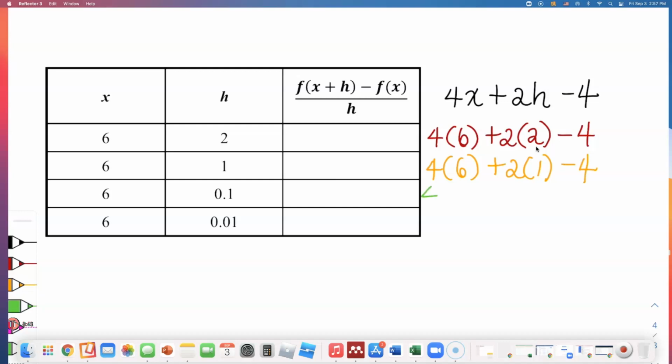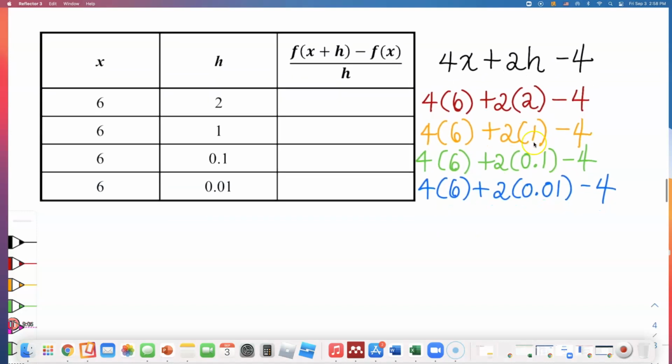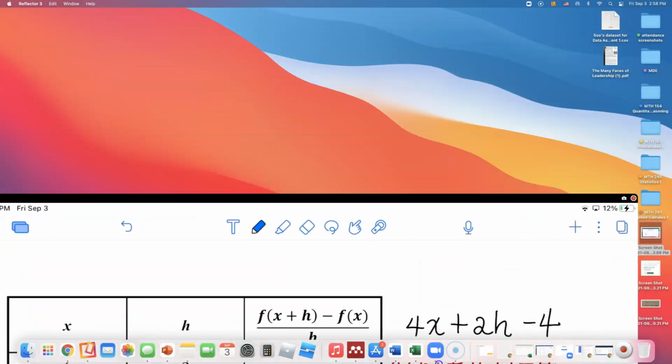Next line will be 4 times 6 plus 2 times 0.1 minus 4. And the last one, I need a blue color. 4 times 6 plus 2 times 0.01 minus 4. I'm just going to go ahead and evaluate all of these on a scientific calculator, okay?